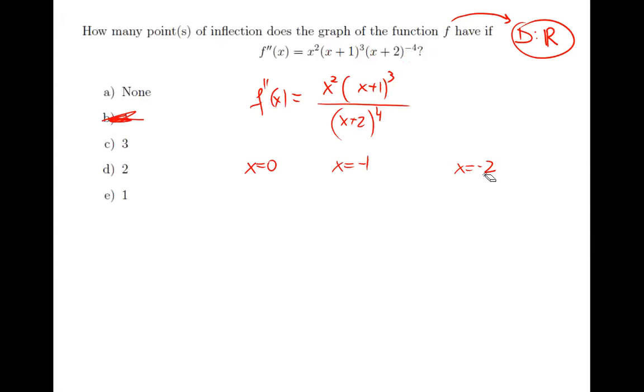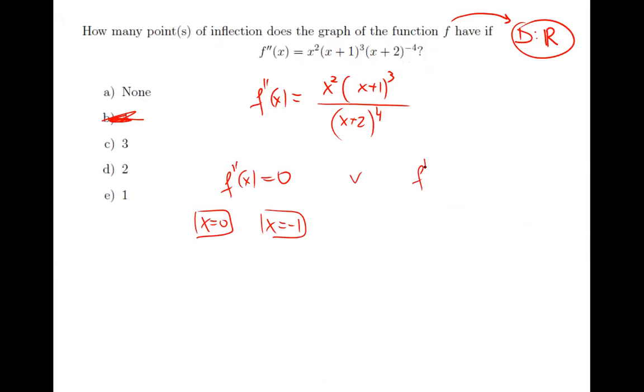Negative 2 is not an inflection point. Oh, no, that's not a reason. In order to get an inflection point, we still need all of the zeros. It's something similar to the critical points. The second derivative is 0 if x is 0 and x is negative 1, or the second derivative is undefined.